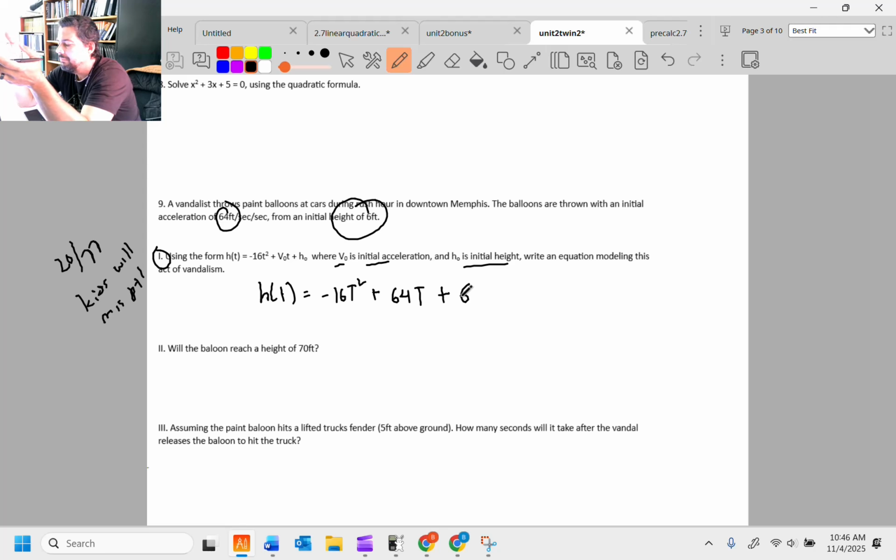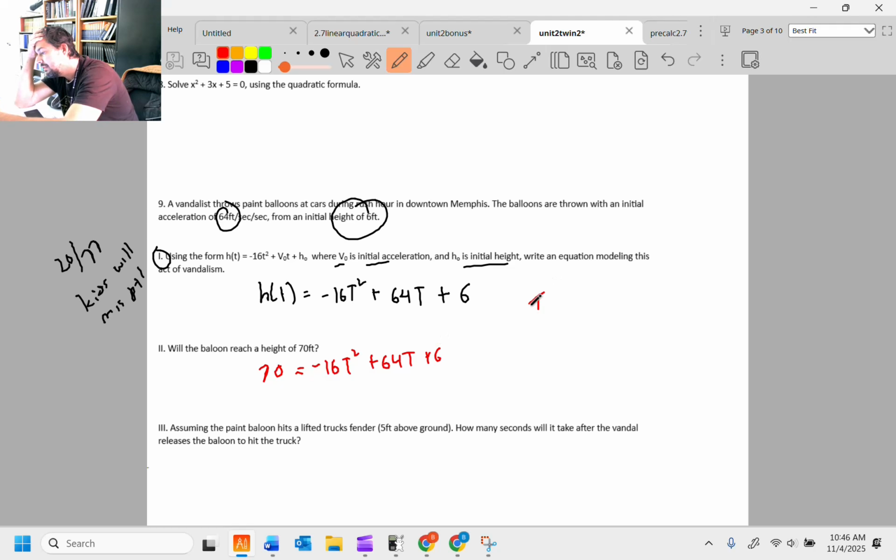Anyways, there's part 1. Will the balloon reach a height of 70 feet? It does not have to be actually solved. It's a b squared minus 4ac part. And a lot of you guys did not do this part of the worksheet, but there's some rules here. If b squared minus 4ac is equal to 0, you have one real solution. If b squared minus 4ac is greater than 0, you have two real solutions, okay?